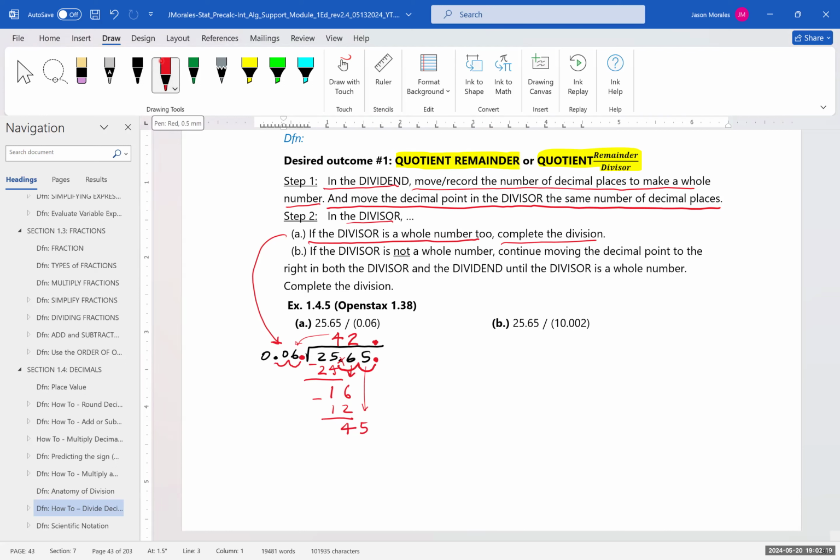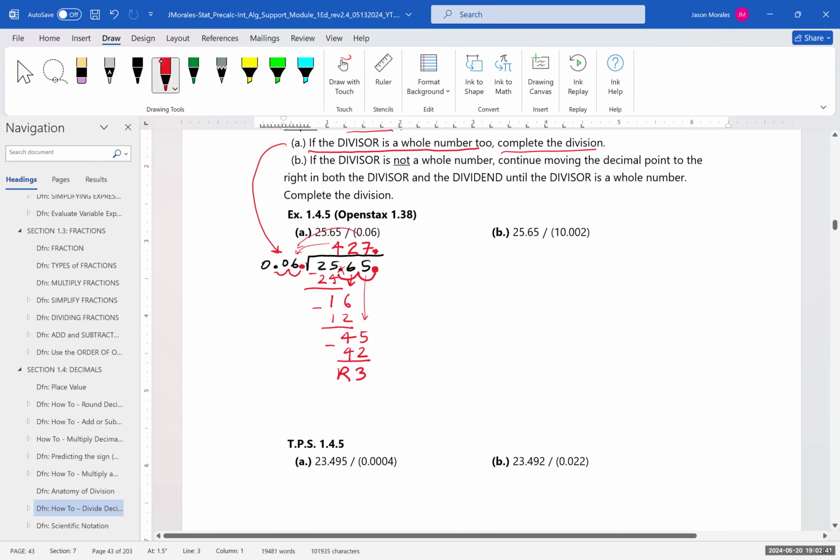Now this is the last digit we can drop down before the decimal point. Whatever we have left is going to be our remainder. So 6 will go into 45 7 times, because 7 times 6 is 42. And 45 minus 42 is 3. So 3 is our remainder. So for an answer, we have 427 with a remainder of 3.